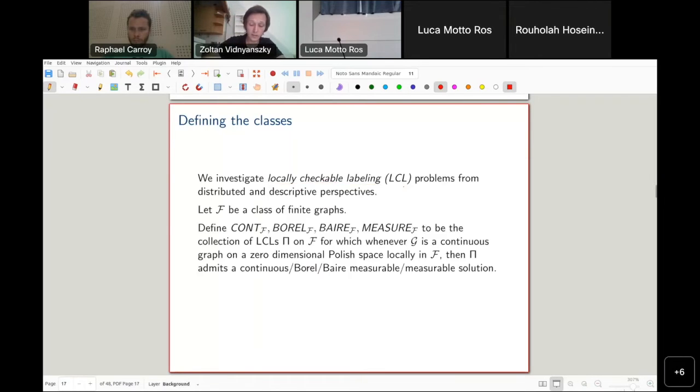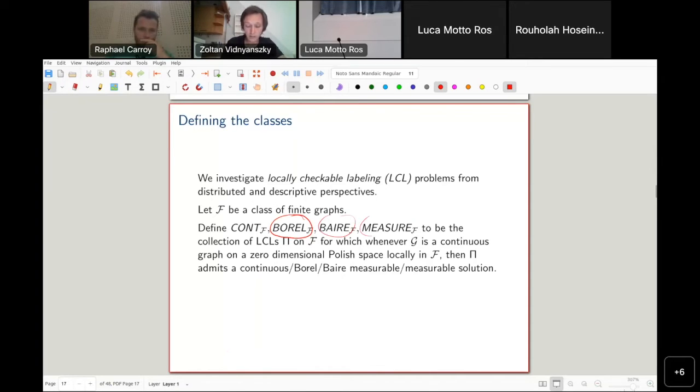We consider those, and then we can define classes of problems. For example, I can say that a problem is in Borel if whenever you give me a Borel graph, I can solve it in a Borel manner. And similarly, I can define, say, Baire and measure and whatever.